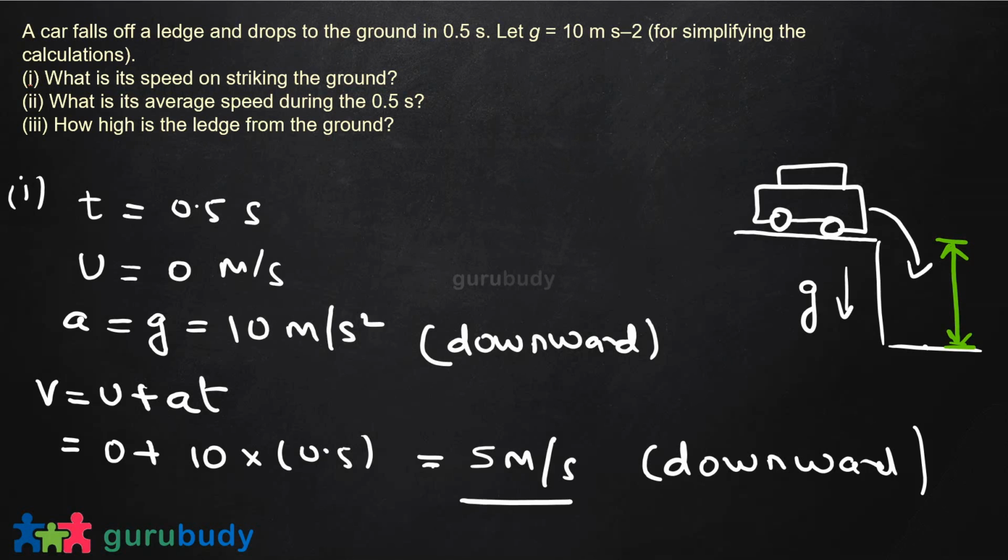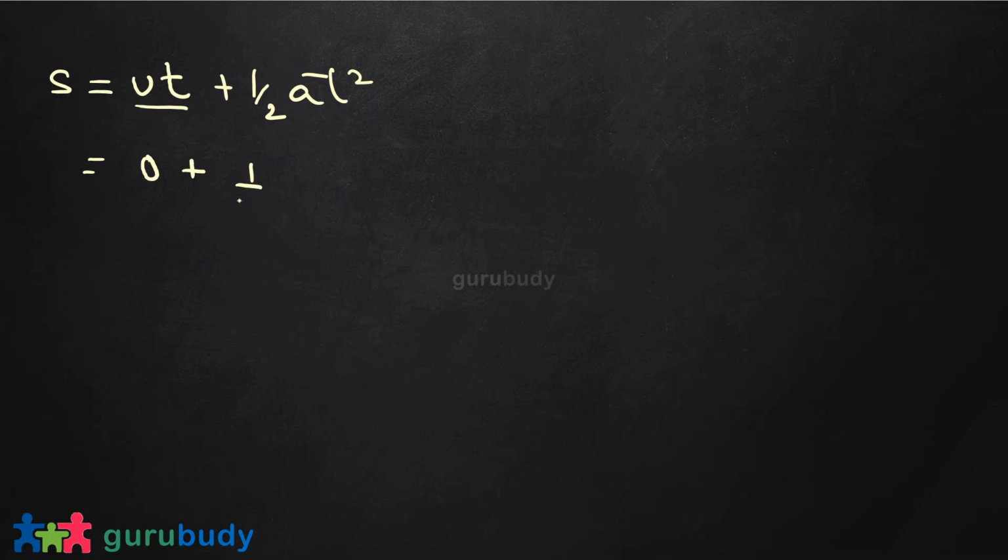Okay, and that's the distance which the car traveled to reach the ground, right? So now we know from one of the equations of motion that s equals ut plus half at square. We know the initial velocity is 0, so this would be 0 plus half.